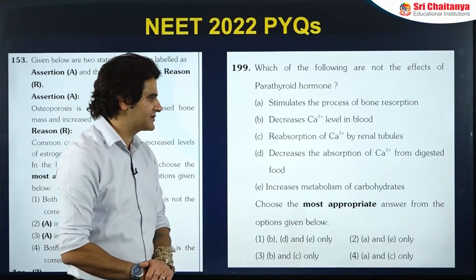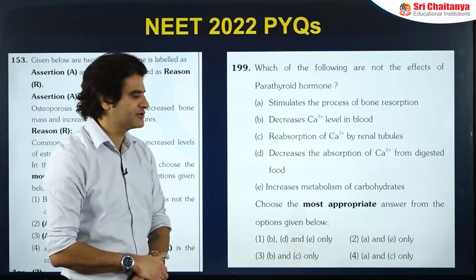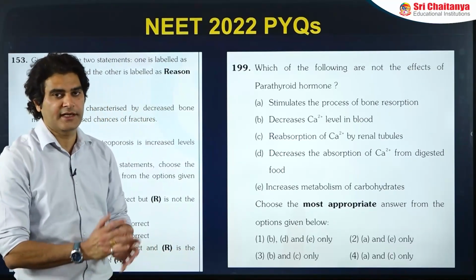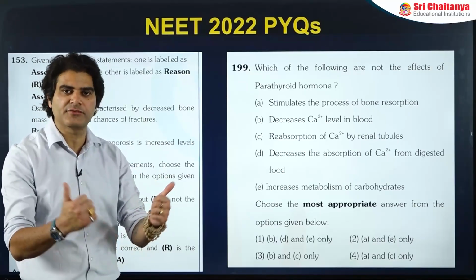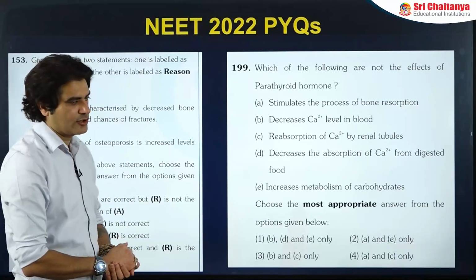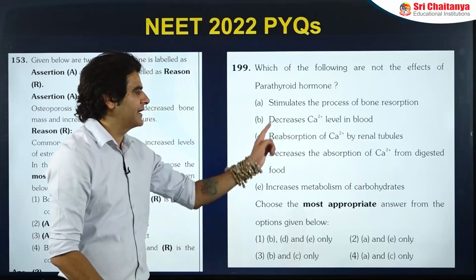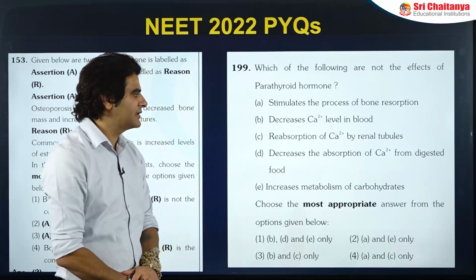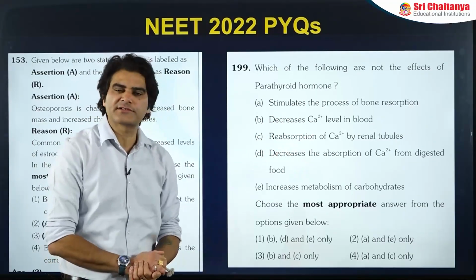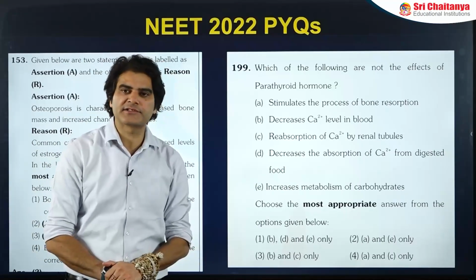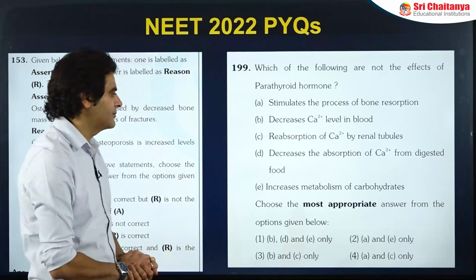Decreasing the absorption of calcium from digested food, that is also wrong. It will be enhancing the absorption of calcium from the digested food or via the large intestine wall into the blood. So parathormone has to raise the calcium level by stimulating bone resorption, by increasing the calcium level of the blood, by enhancing reabsorption of calcium from the renal tubule into blood, and by also increasing the absorption of calcium from digested food into the blood.